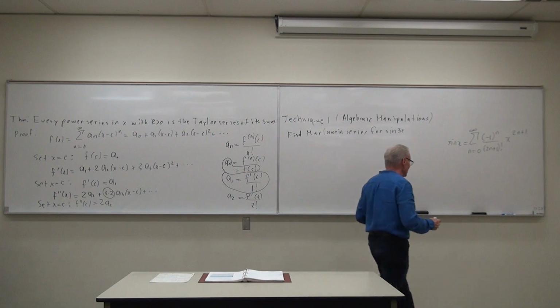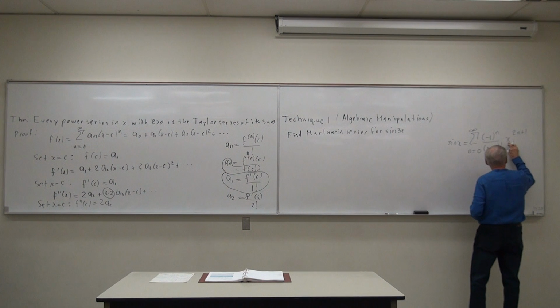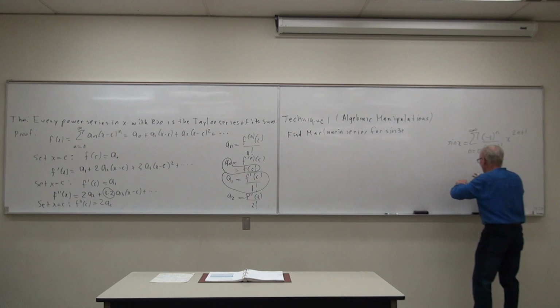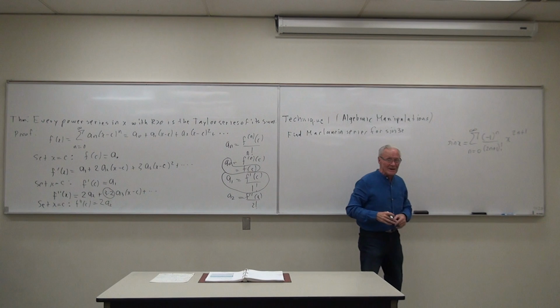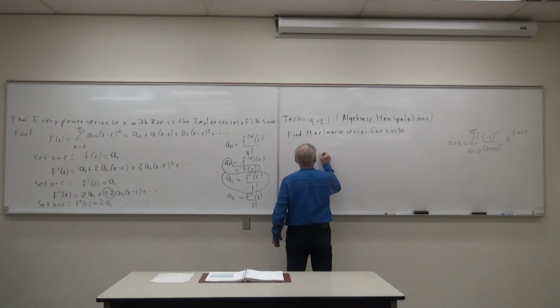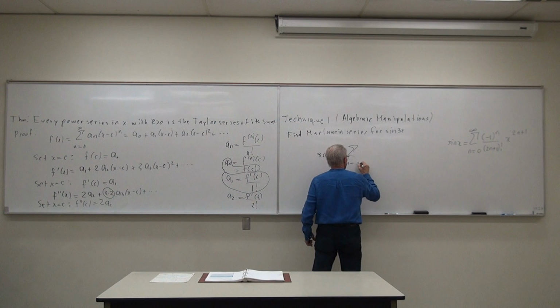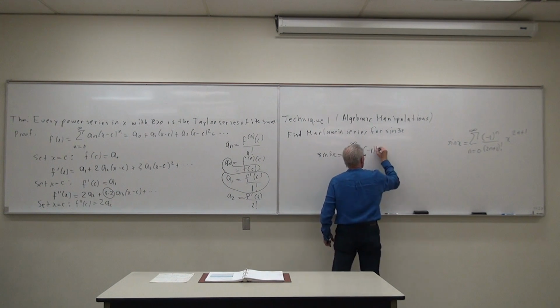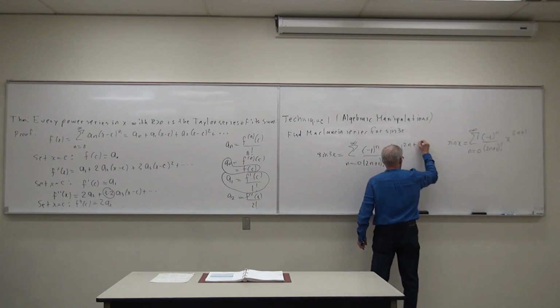Now this series says that you can put anything you want for that x, as long as you put the same thing everywhere. If you put something here, then you have to put the same something there. And it doesn't matter what that x is, so why don't we simply take all those x's and put in 3x instead? So writing then that the sine of 3x is summation n equals 0 to infinity of (minus 1) to the n over (2n plus 1) factorial, (3x) to the 2n plus 1.